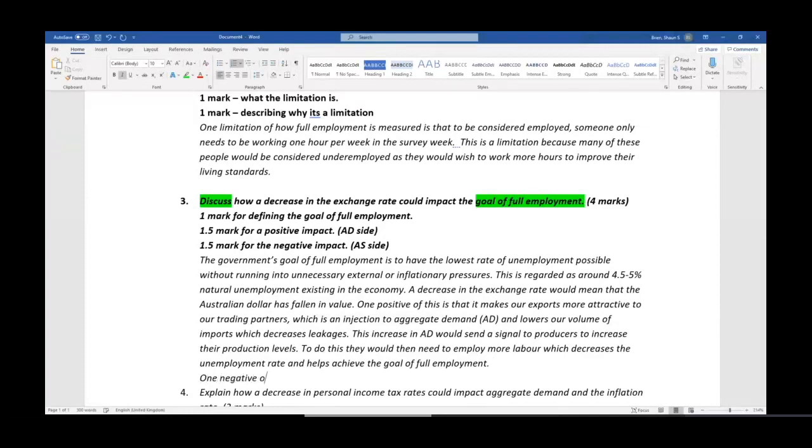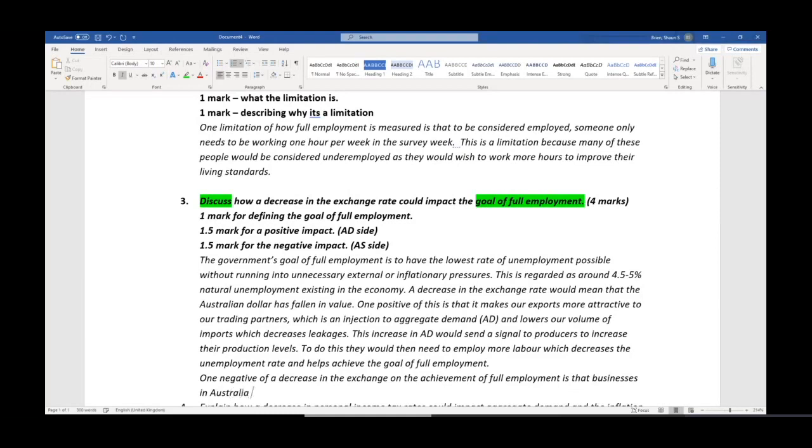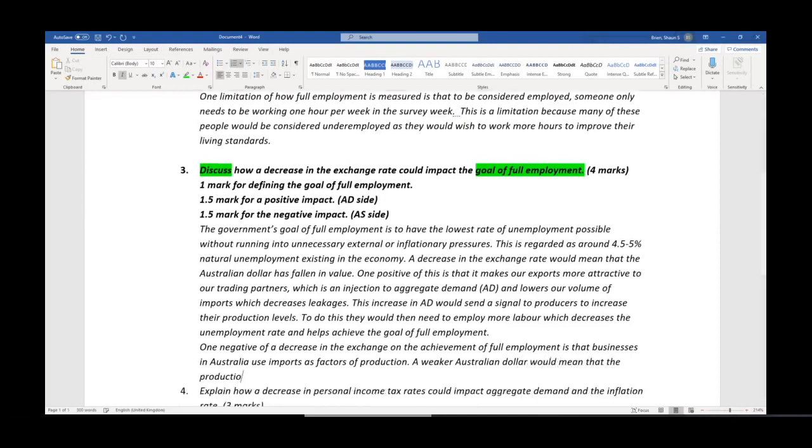So one negative of a decrease in the exchange rate on the achievement of full employment is that businesses in Australia use imports as factors of production. A weaker Australian dollar would mean that the production costs of many businesses would increase.